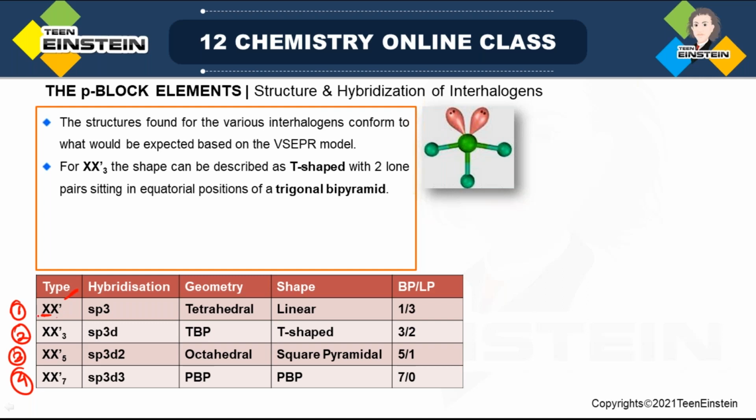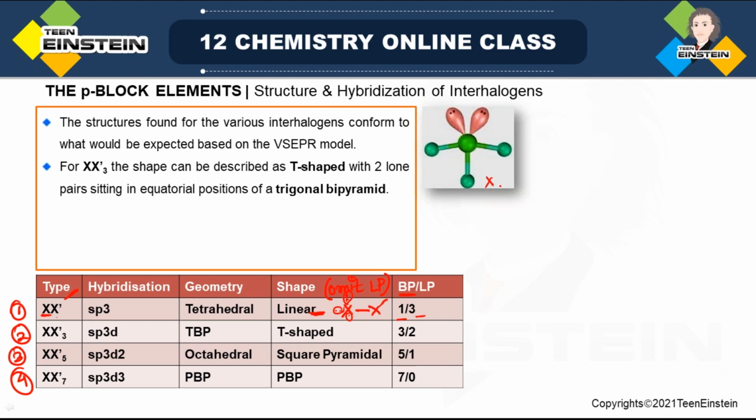That means surrounding X, there will be one X' and 3 lone pairs. So ultimately the shape, when you omit the lone pairs and consider the structure, is simply linear. And it has to be linear because it is simply X attached to X'. So there is one bond pair, but 3 lone pairs. And that structure you can see here.